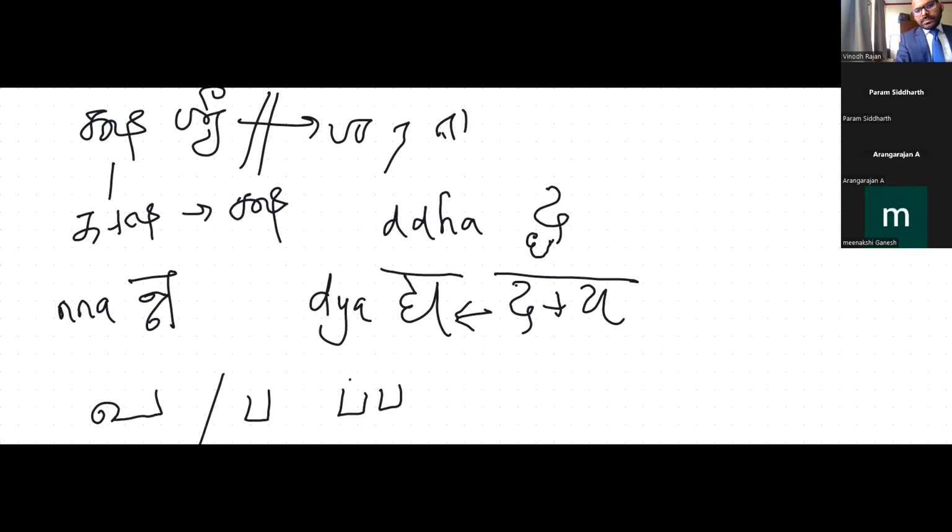If I want to write pla, I just take pa and put the la beneath it. As simple as that. Let's take a word, Vigna.